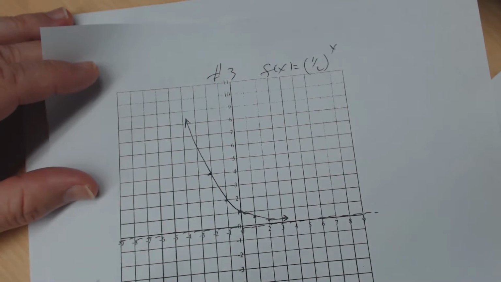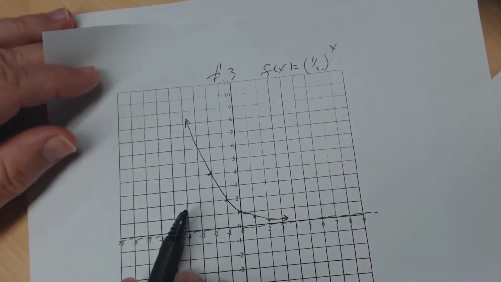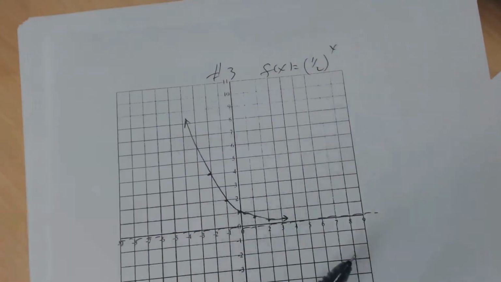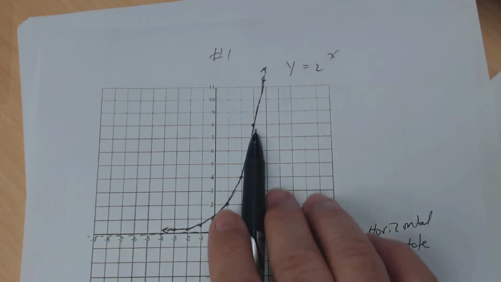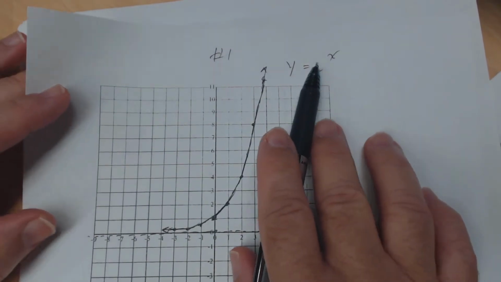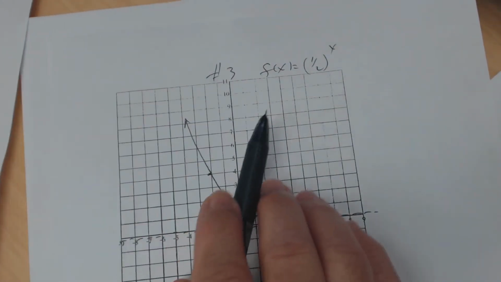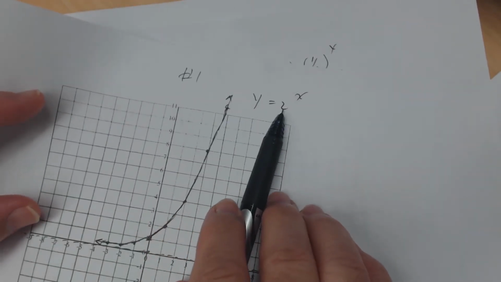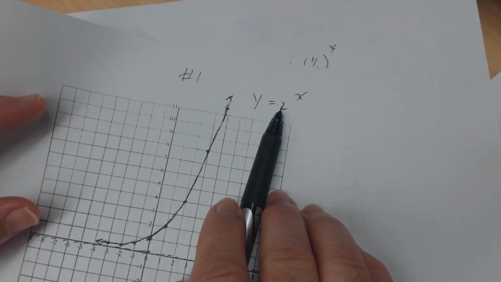Okay? So I want you to notice this, and this is very important. Notice that this graph was decreasing. And then notice that this graph is increasing. Look at the bases. This base is 2. This base is 1/2. 2 is an improper fraction, so that's bigger than 1.